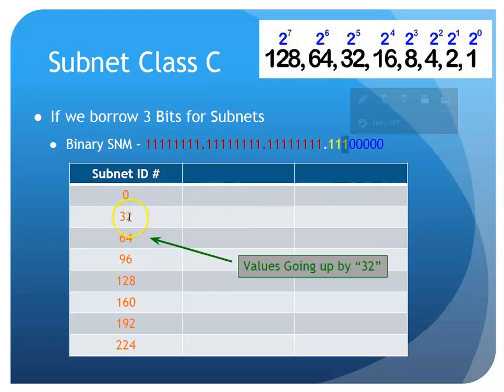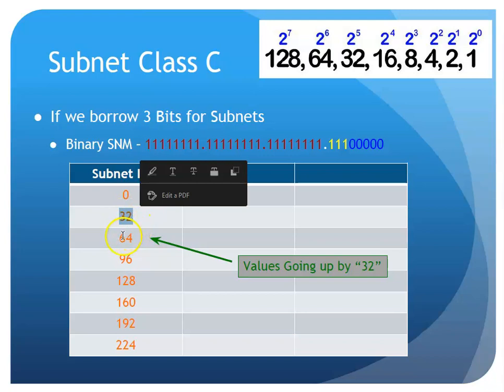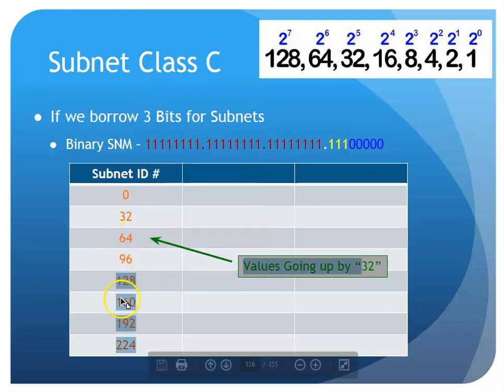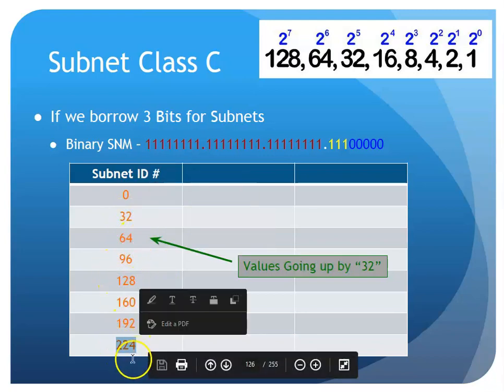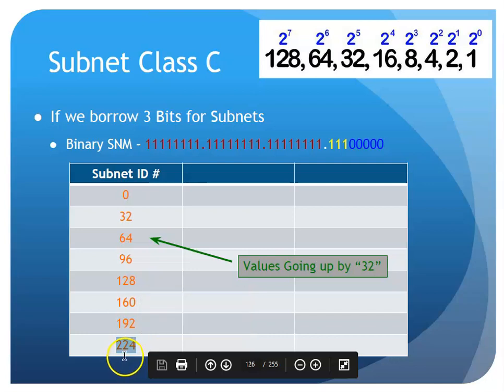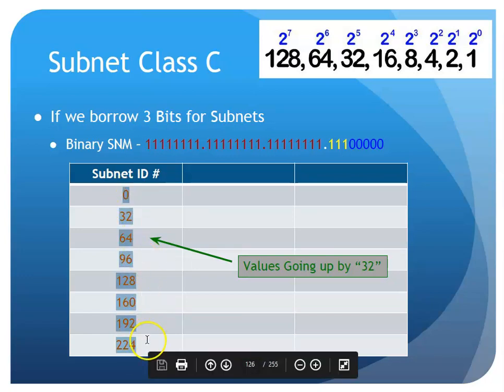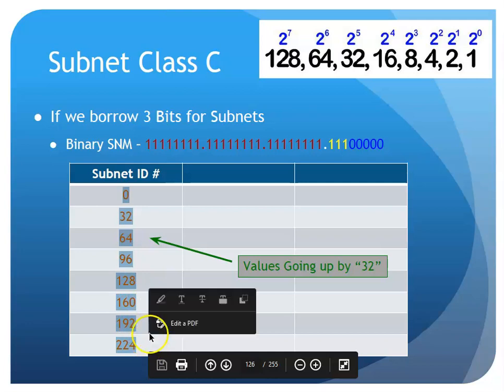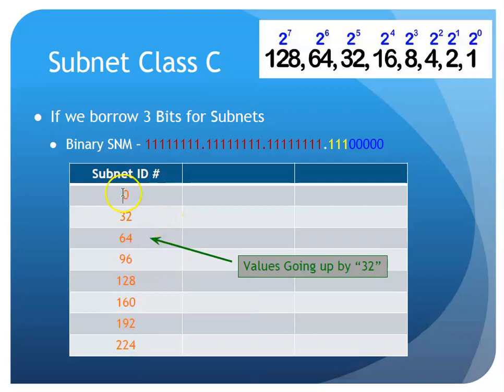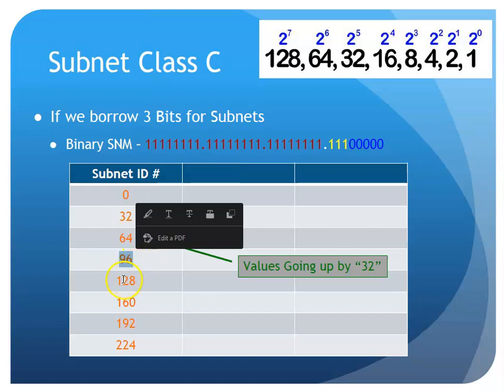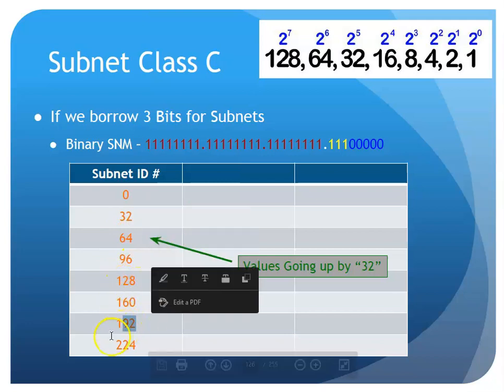The subnets are going to go up by a factor of 32. 32, 64, 96, 128, 160, 192, 224. If I add 32 to that, I'm going to get 256. And 256 is above the 255. 255 will be our last number. So there is my subnets. And if I count them up, we borrowed 3 bits to create 8 subnets. So 1, 2, 3, 4, 5, 6, 7, 8.